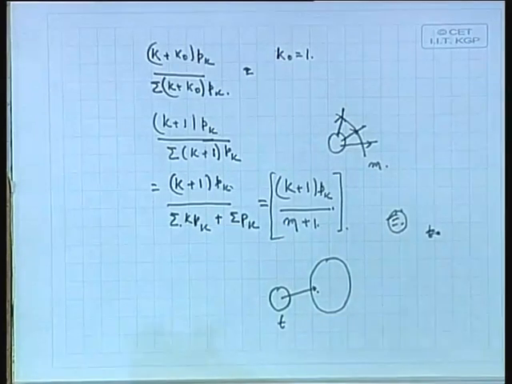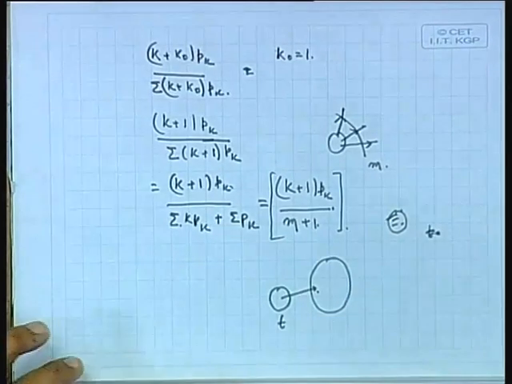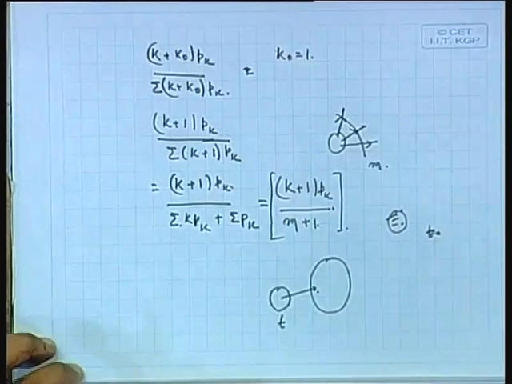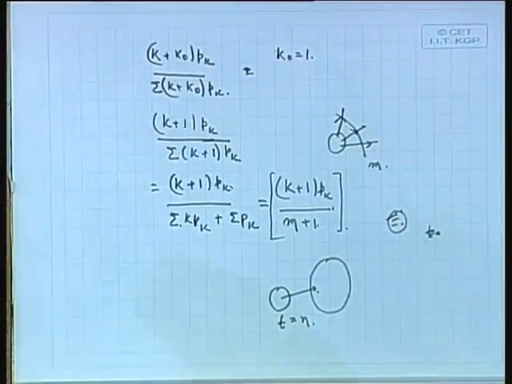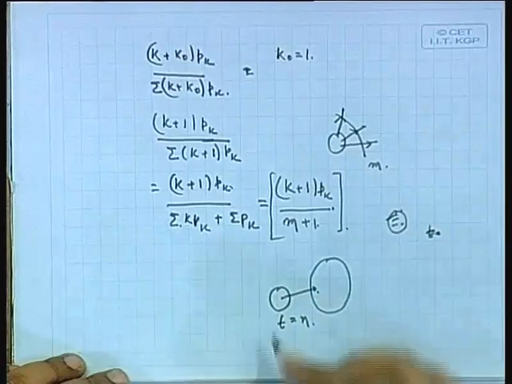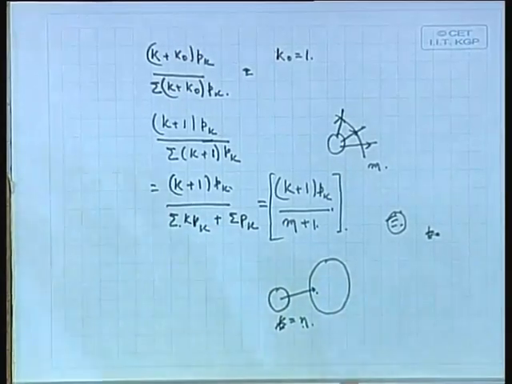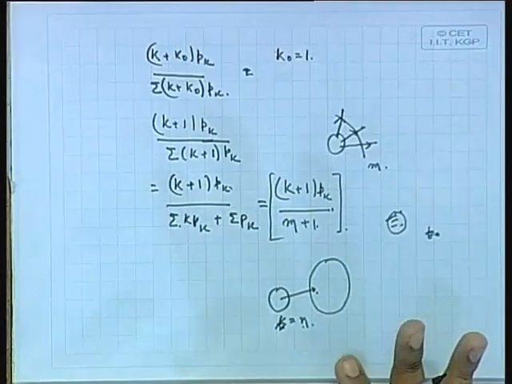So, at time t, how many nodes will be there in the network? t nodes. So, that is t is equal to n. If at time t, n nodes are there, then n is equal to t. So, instead of t, let me use n, so that I get independent of time and I just play with n.